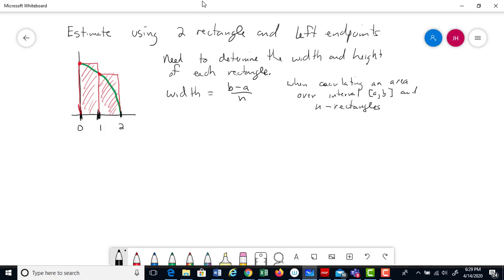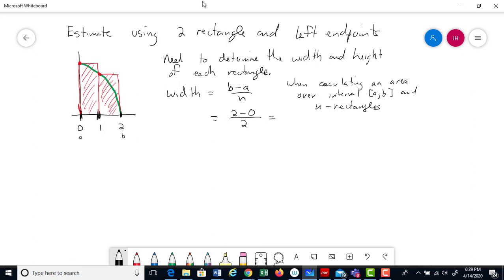So we're going to use this formula when we're over the interval from a to b. In this case, the interval is going to be from 0 to 2. So this is going to be your a and this is going to be your b. So it's going to be equal to 2 minus 0, and then since we're using two rectangles, it's going to be over 2.